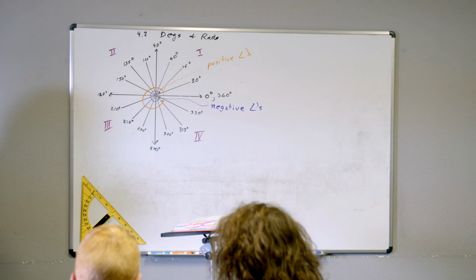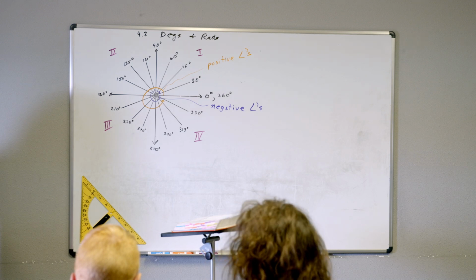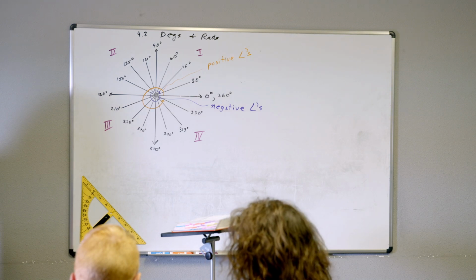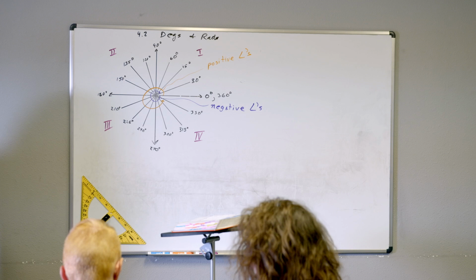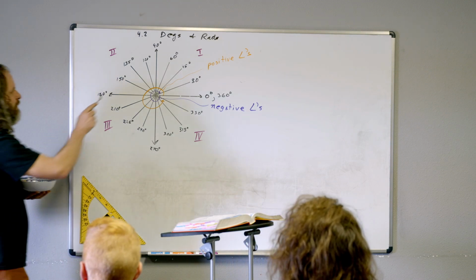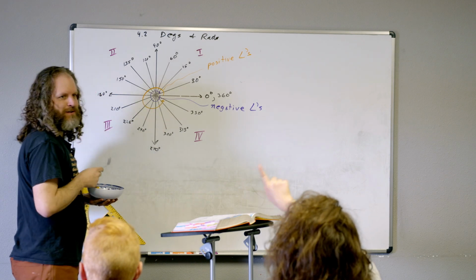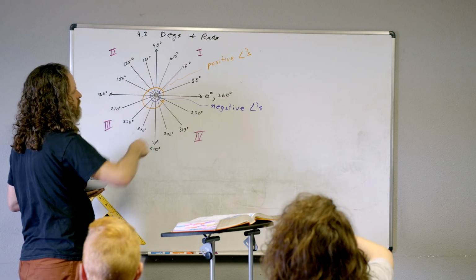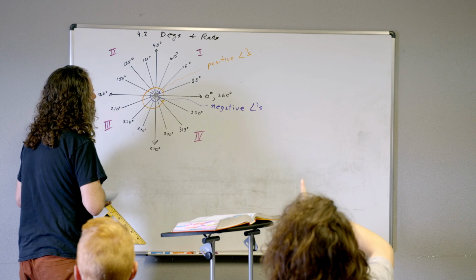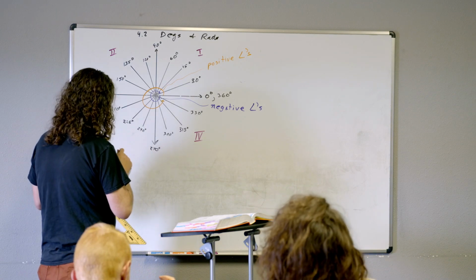No, that would be counterclockwise on a graph, but clockwise on an actual clock. So it's backwards. No, it's not. Yes, it is. 12, 1, 2, 3, 4, positive. What are you talking about? No, that's the negative one. We were just saying that. The negative is drawn going counterclockwise, going clockwise on a clock.